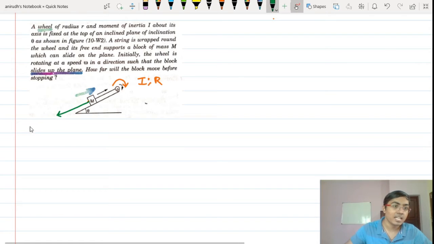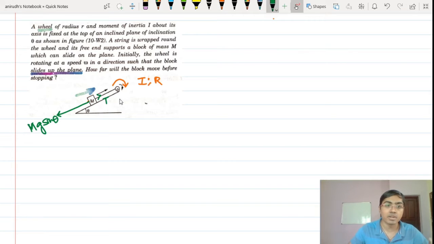This is obviously Mg sin theta, where theta is the angle of the inclined plane. Now consider this as T, the tension. Only one string is given, so one tension. The easier method is to consider this as a complete system. So the tension and the torque acting on the pulley will definitely be internal forces. Mg sin theta is an external force.